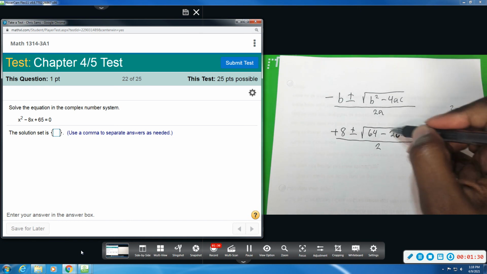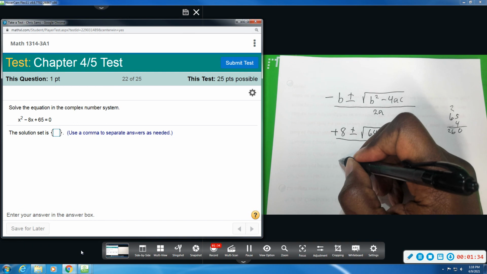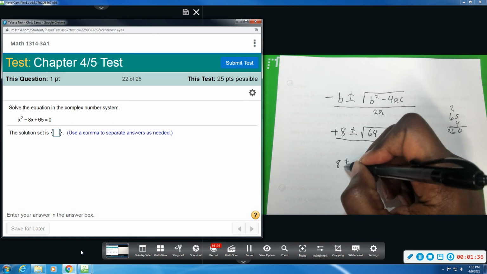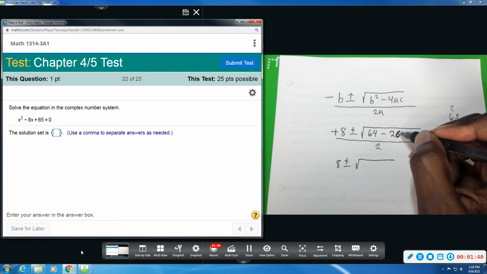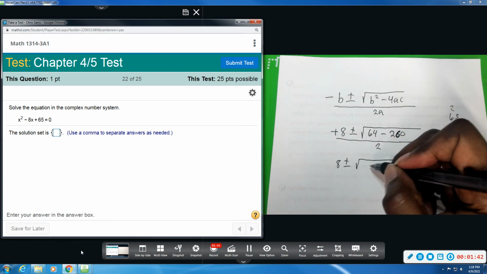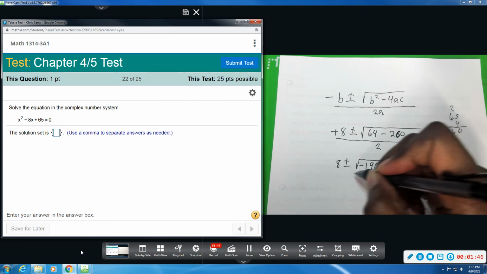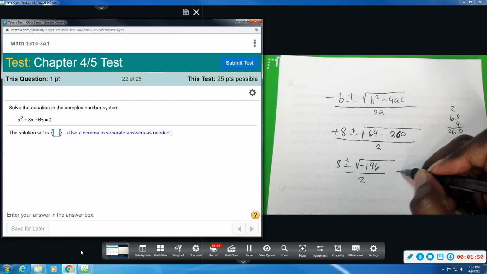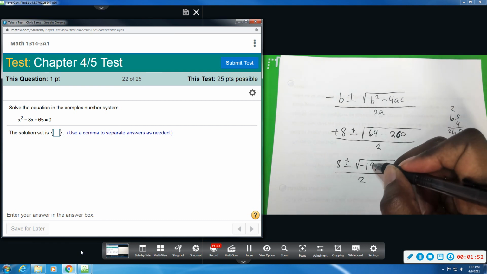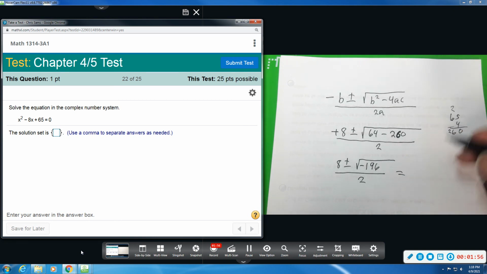All right, so then we will start to simplify. So that would give us 8 plus or minus the square root of 64 minus 260, which gives us negative 196, all divided by 2. And when you simplify, the square root of 196 is 14. Since it's negative, it would be 14i.